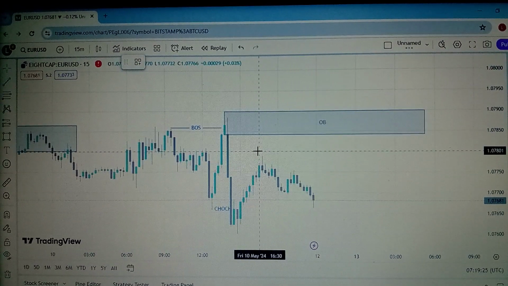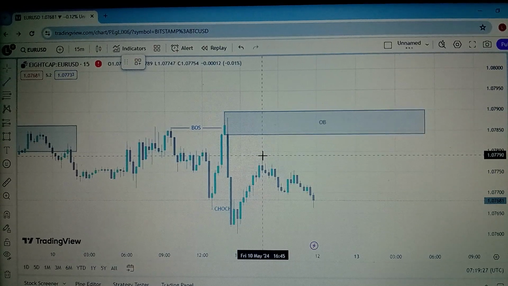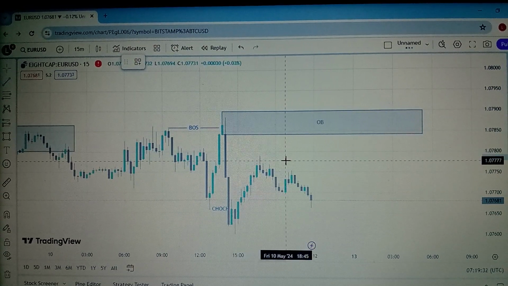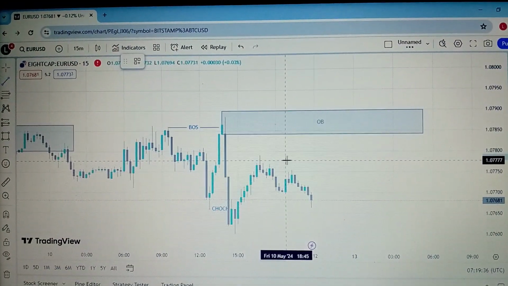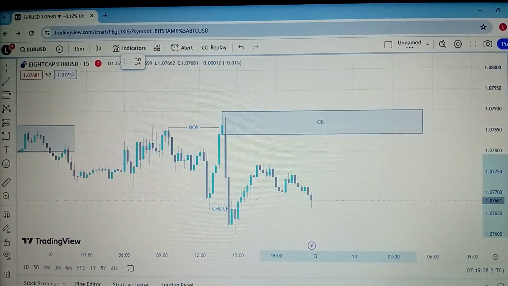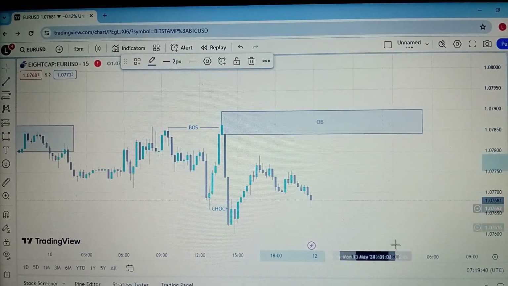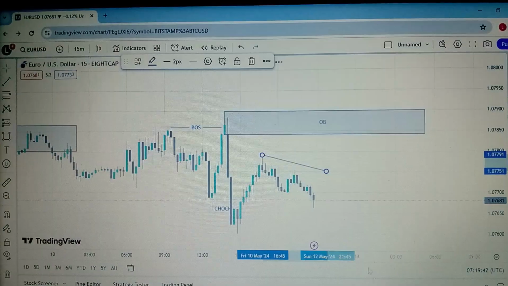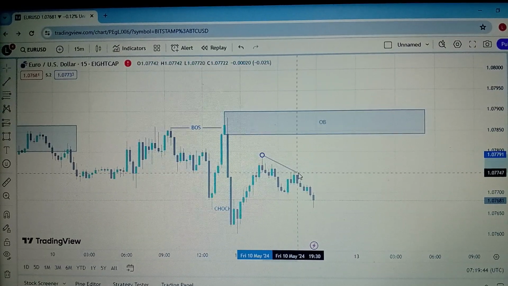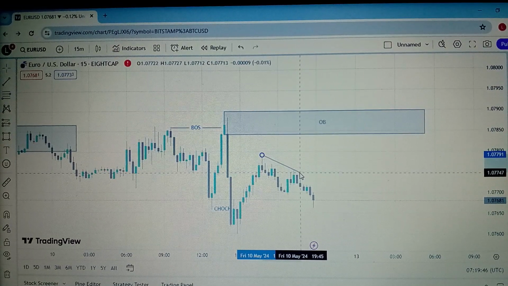Yeah, we have liquidity. We have liquidity resting right here. Trendline liquidity forming up here.